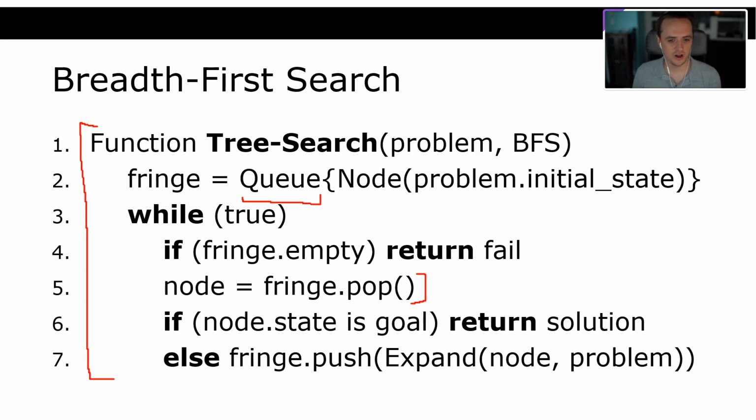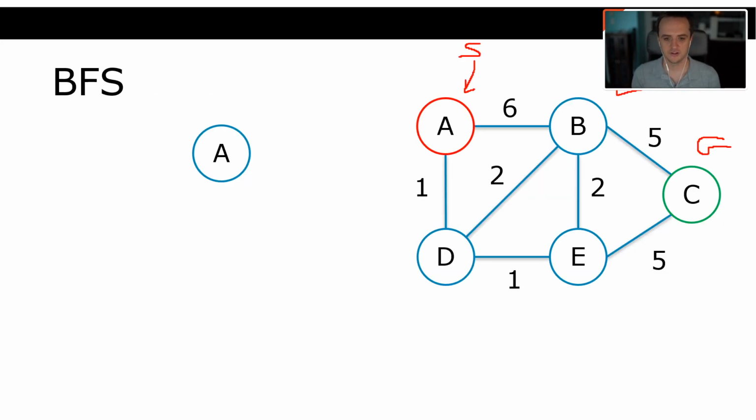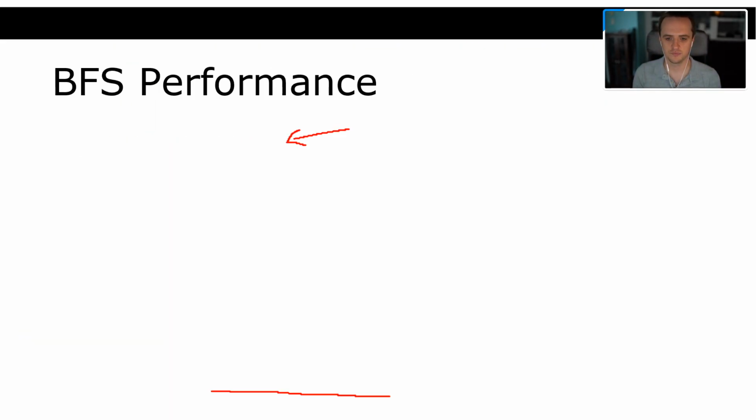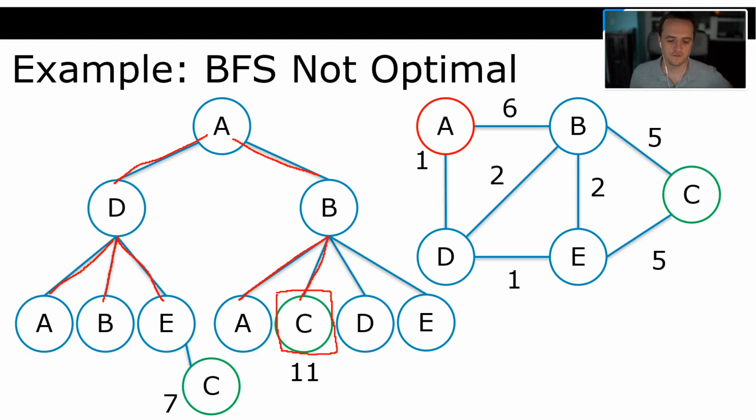I'm going to pop those off. If my node state is the goal, then return solution. As soon as it finds it, it's going to return the solution. So here, I've found this solution. But is this the optimal solution? No, it isn't, because the cost of this solution is 11.